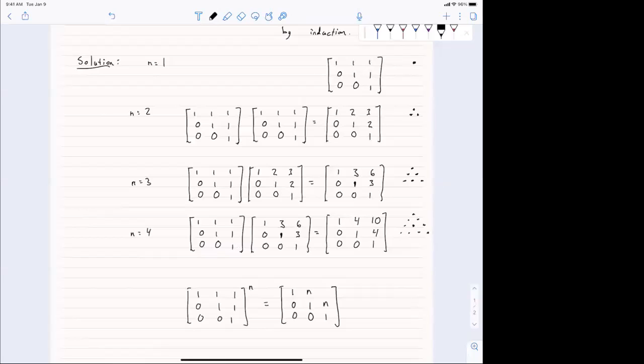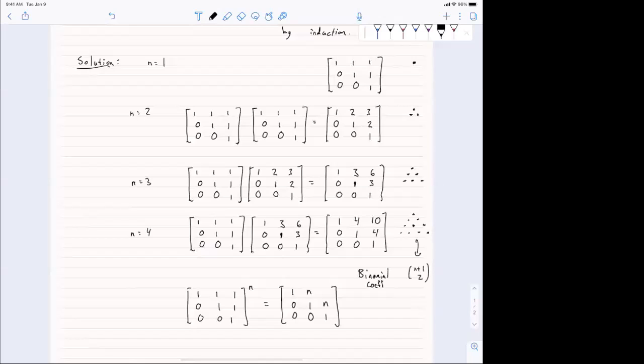So these numbers, I can look at n, I'm sorry, let's say n plus 1. The formula for these numbers will be n plus 1 choose 2. Have you seen this before? This is called a binomial coefficient.